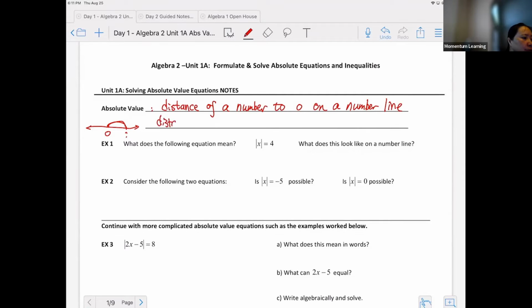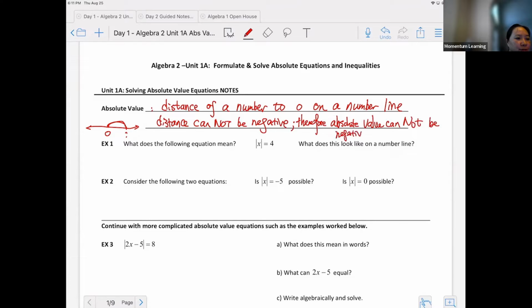So distance cannot be negative. Now, because the definition of the absolute value is distance, and since the distance cannot be negative, therefore the absolute value cannot be negative.